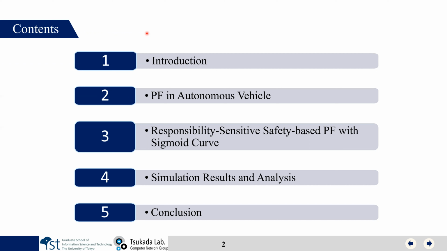Then I will present the so-called responsibility sensitive safety model combined with potential field with sigmoid curve, and then I will show the corresponding simulation results and some analysis. And then I will end with a short summary.